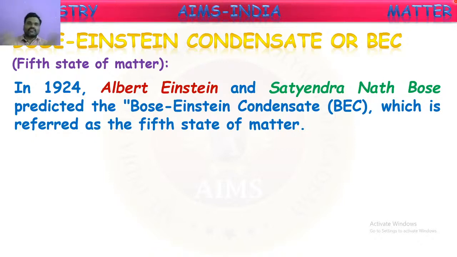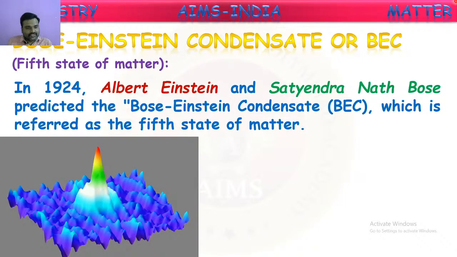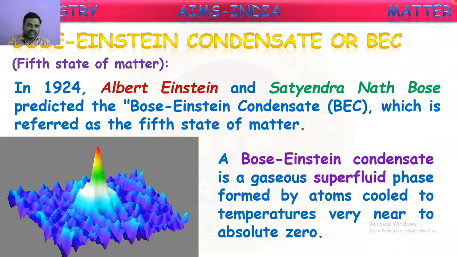In quite the reverse way, if you cool the gas to very low temperatures, very low in the sense of minus degrees Celsius, then this Bose-Einstein condensate is formed. You can see here, this we call BEC or Bose-Einstein condensate. So when a gas is cooled to very low temperatures, this appears. A Bose-Einstein condensate is a gaseous superfluid.